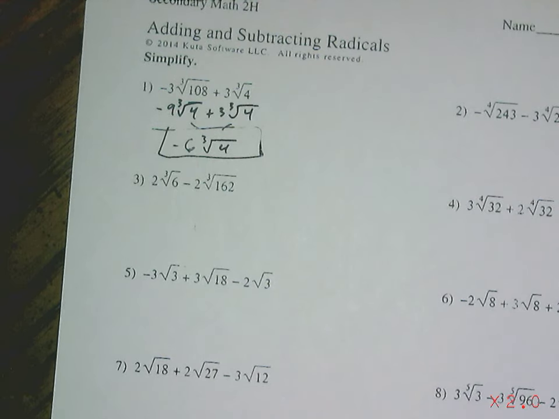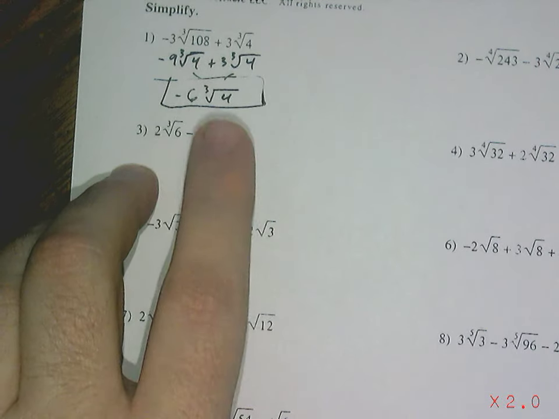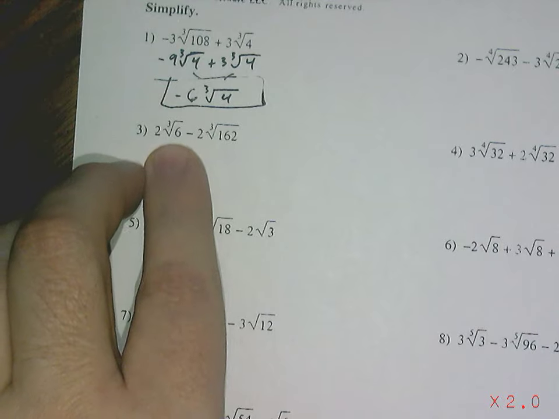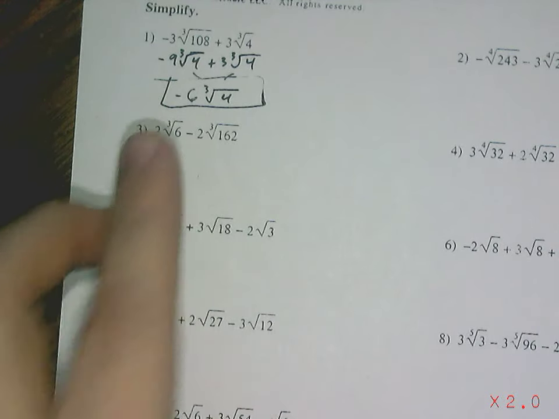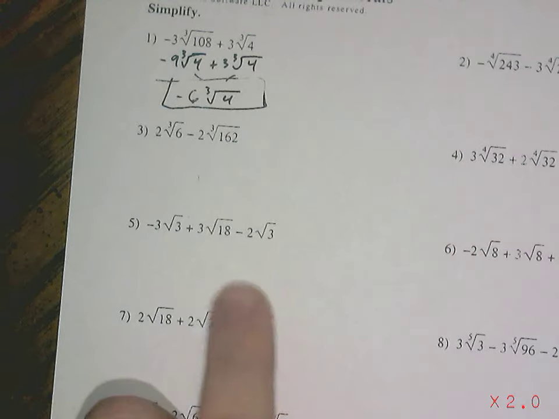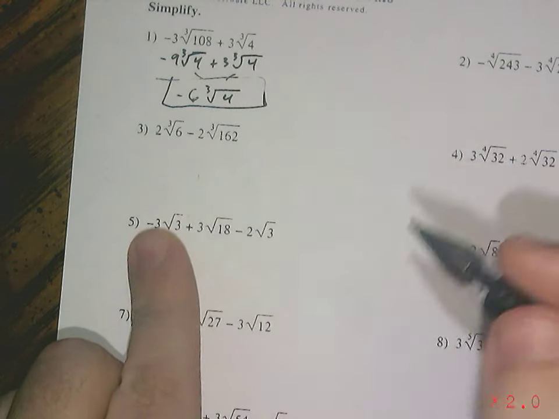Let's do another example. Let's look down here at number 3. So again, I want to get this 162 down to a cube root of 6. Since I know what needs to be left over, it should be pretty easy to find. 162 divided by 6 is also 27. So I can take out a 3 from here and move it in front, multiply it with that 2.